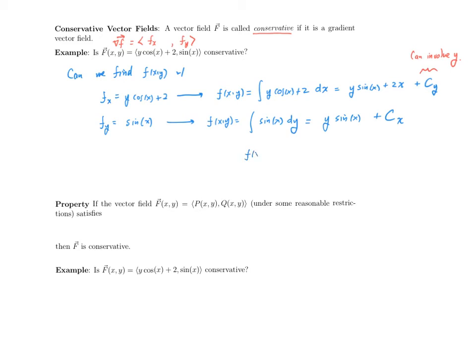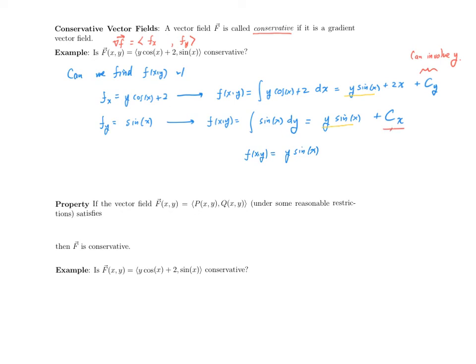So comparing our two representations, the following rule of thumb should be considered. Any quantity involving both x's and y's, so think y sine x, should appear in both representations of f. We write that down. And then anything left over should only involve a single variable.